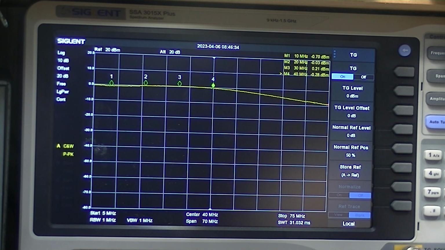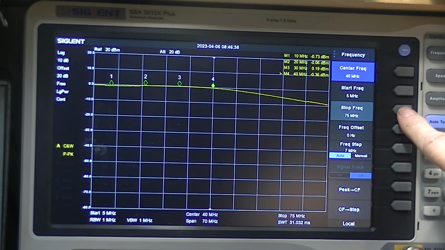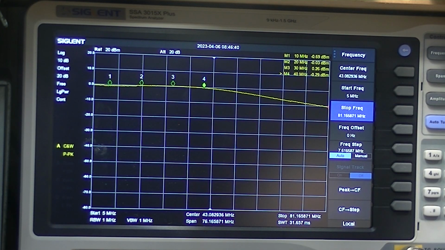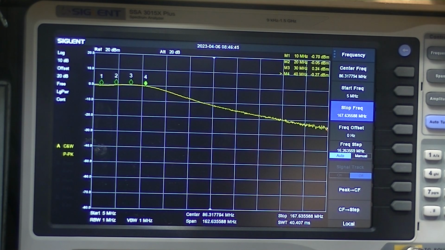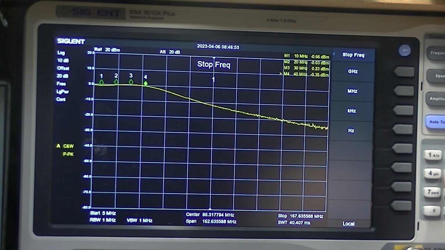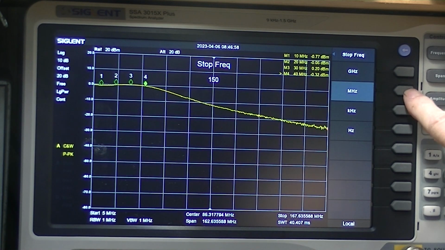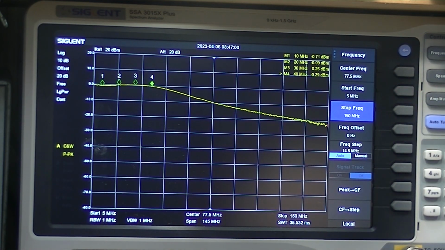I'll expand the frequency range. So let's make it 150. So there we can see it's pretty flat to 40 megahertz for what it's worth.